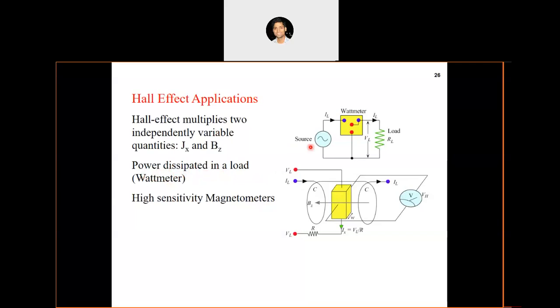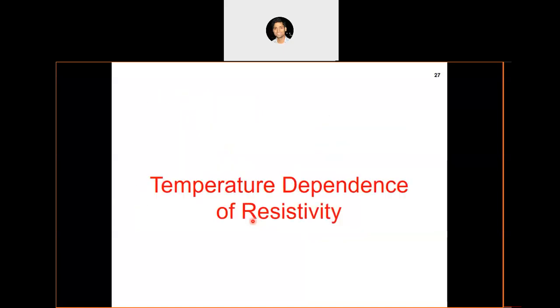And then in high sensitivity magnetometers also. If you have a very small magnetic field that you want to measure, you can magnify the effect by using a high amount of current, because you get the multiplication of the two. So that was a quick recap of the last class.